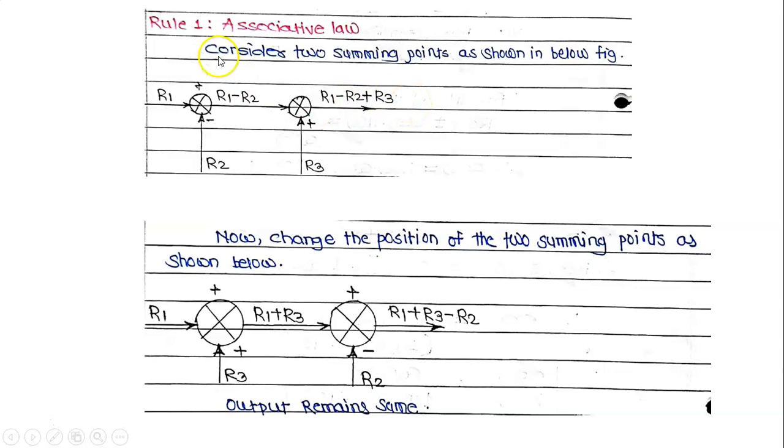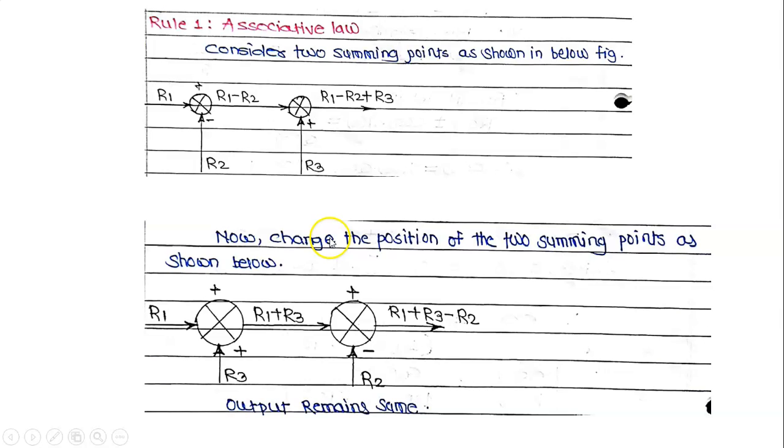Now, what this associative law says is you can interchange the position of the two summing points. Still, the output must remain the same, provided that there should not be a block in between the two summing points; the two summing points should be directly connected with each other.